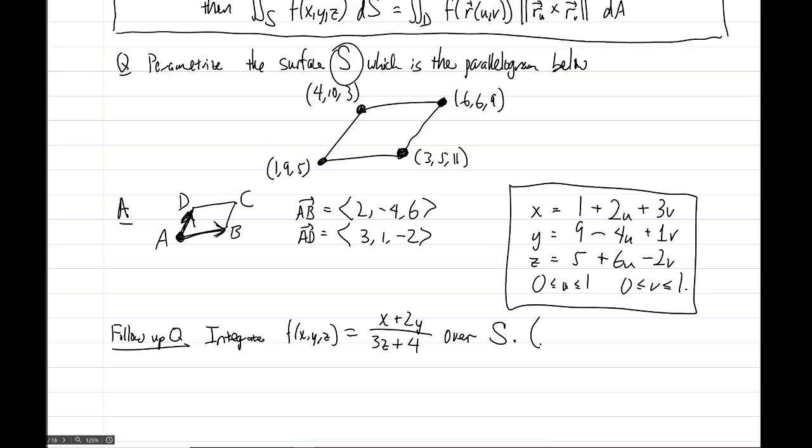To practice the key thing, let's only go through the process of setting up. Get to the point where you've set up an iterated integral, that is, set up a du dv integral or a dv du integral, but do not evaluate.